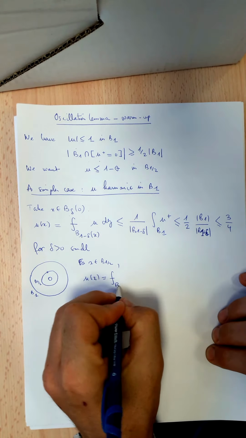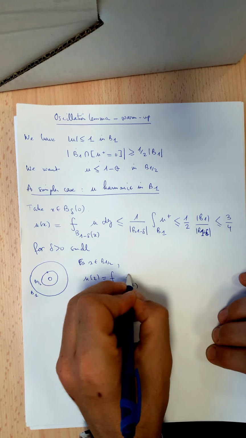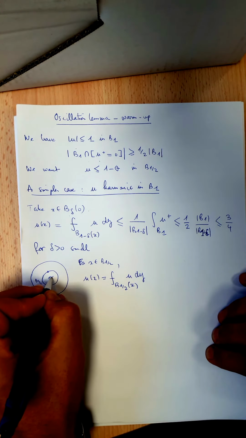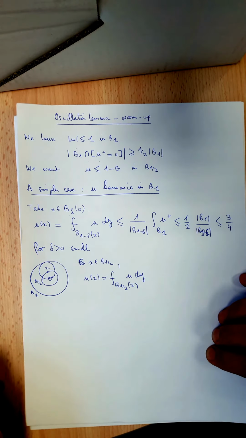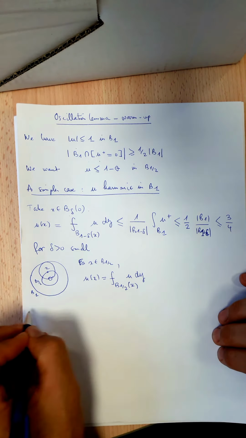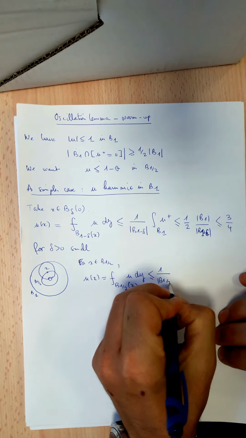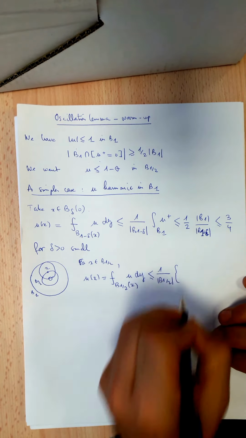So this time we can do this on the ball of size 1/2 only, as u is harmonic in b1. So here's the ball centered at x on which we're going to look at the average. And so this quantity is going to be less than 1 over the measure of the ball of size 1/2 times what? So let's see.